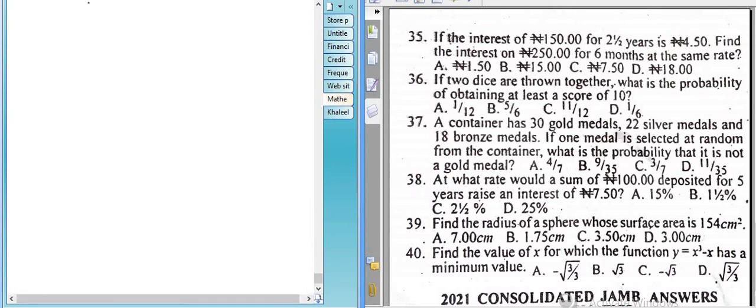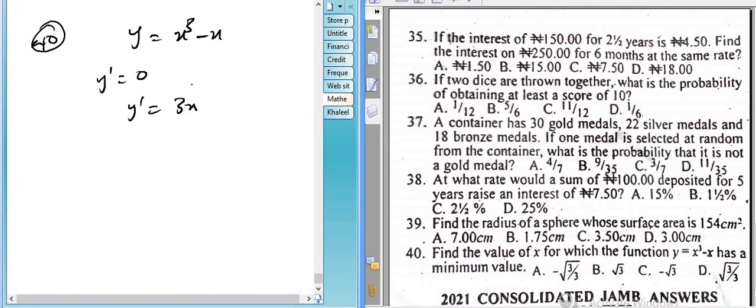So the correct answer is 7 over 2, which is 3.5. So radius is equal to 3.5 centimeter. Then the next question, that's the last question, question 40. Find the value for which the function is minimum.